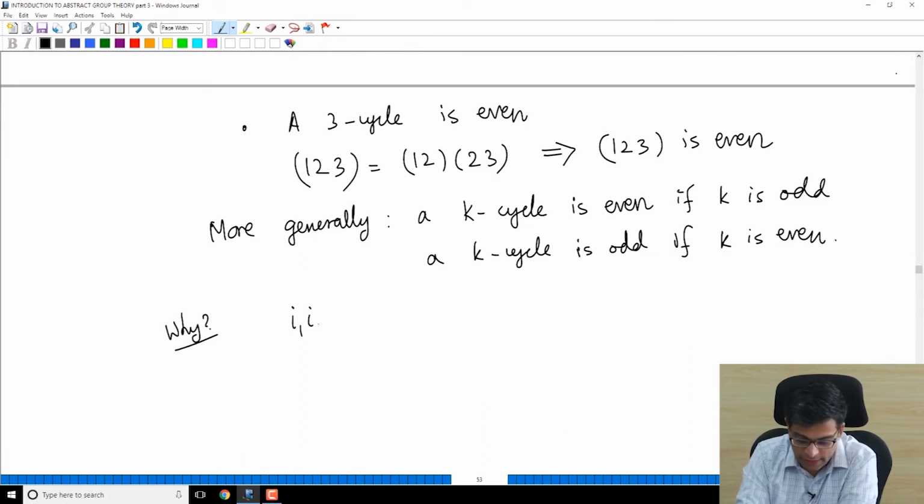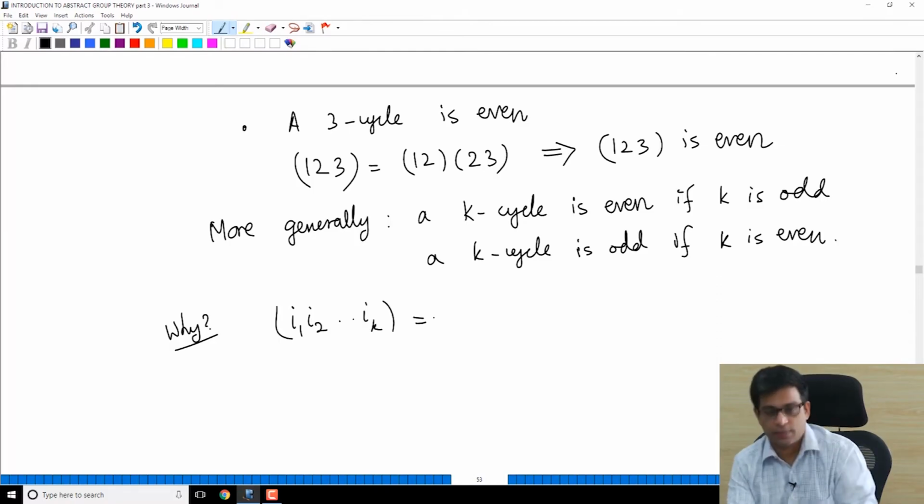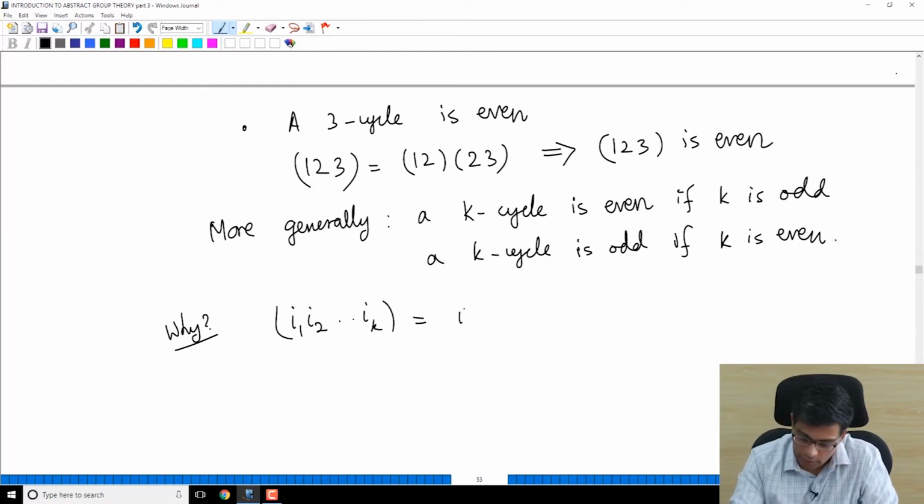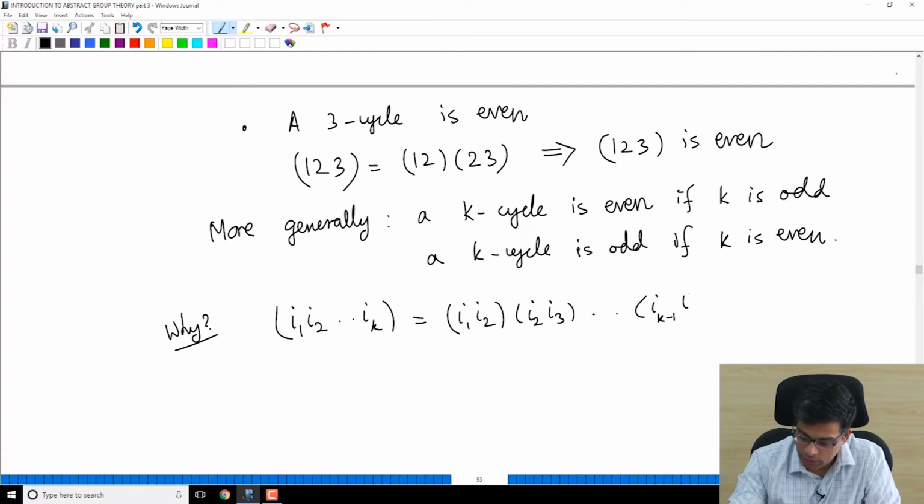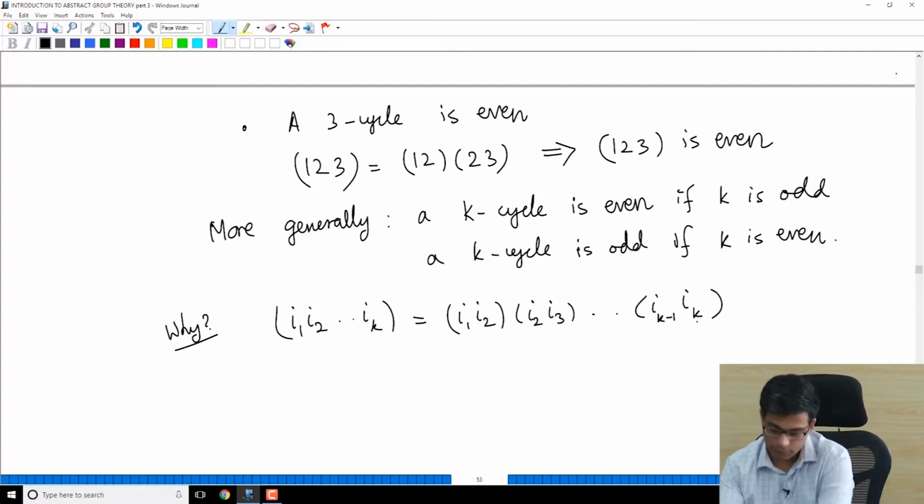Because if you take a k cycle, we have written this as a product of transpositions earlier, and this turns out to be (i1 i2)(i2 i3) up to (i_{k-1} i_k).